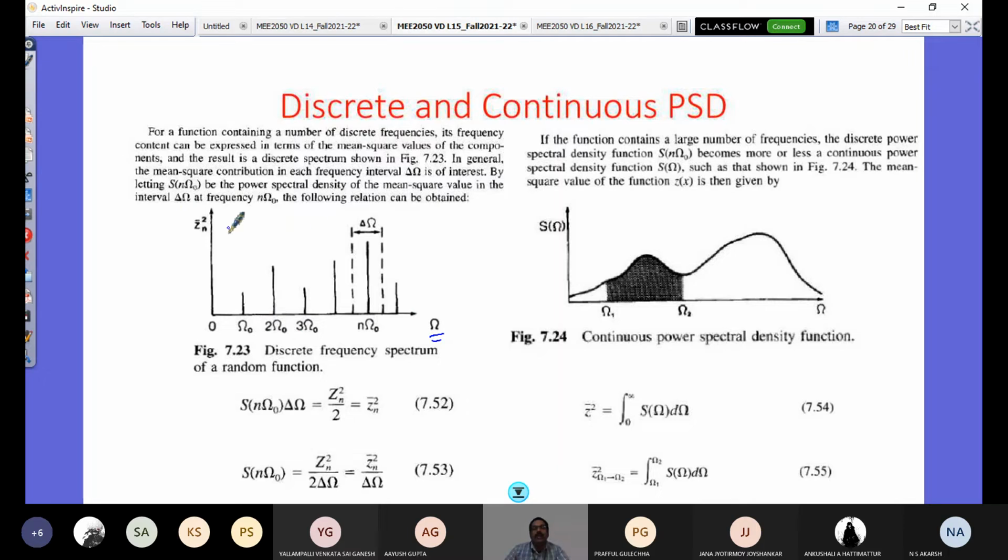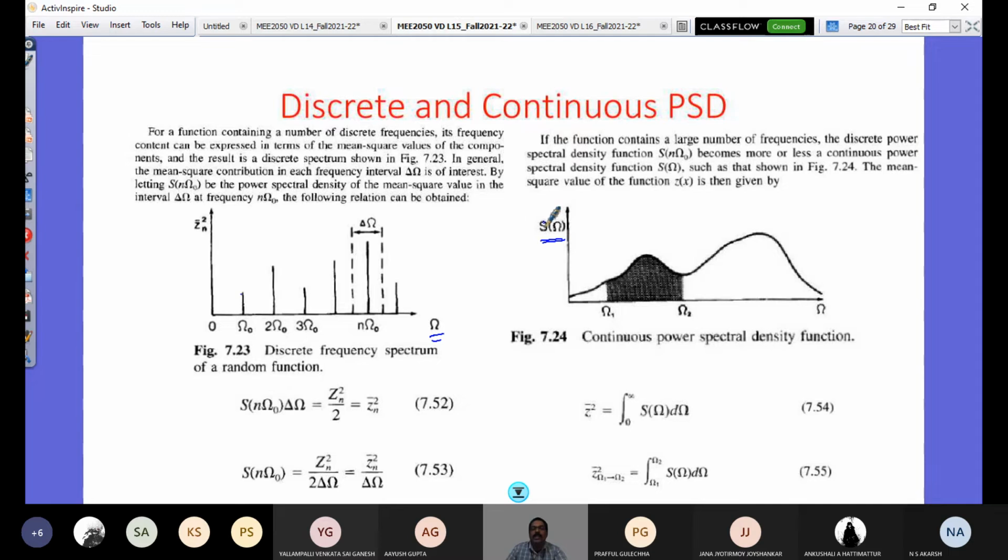So it's not a constant, it is slower here, then it's decreasing, it will be like this form. If this central frequency range delta omega is going to shrink, what will happen? This discrete variation of mean square would become a continuous variation, and that continuous variation is what refers to the power spectral density function, right?